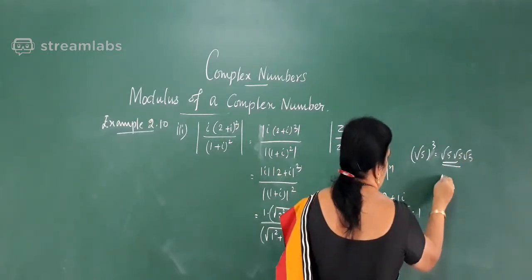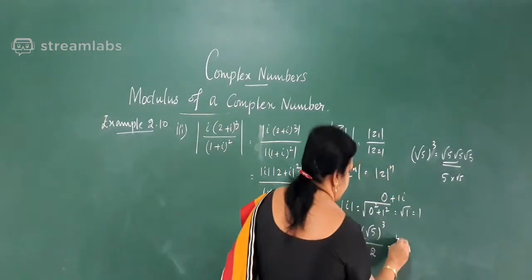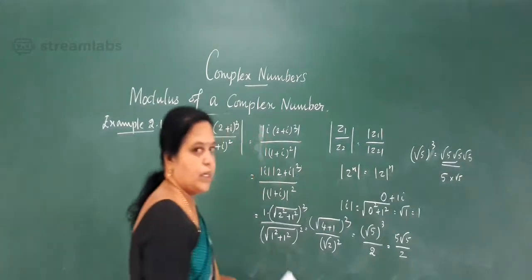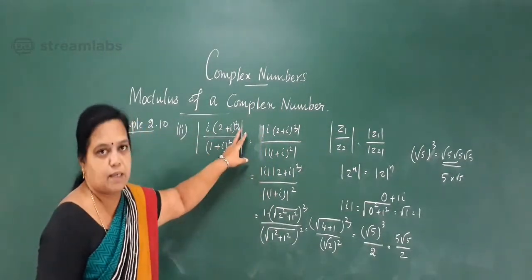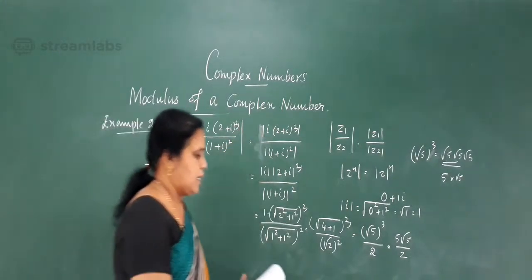For these two root 5, we can take 5 into root 5 by 2. I wrongly took 2, that's why the answer is not coming. But in some they have given 3. Okay, 3 means this is the answer.